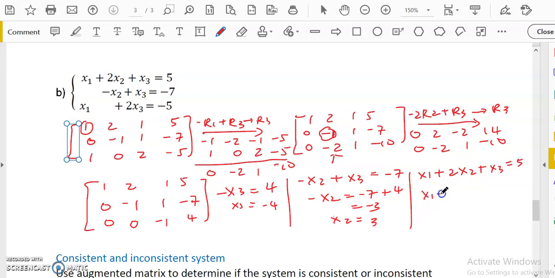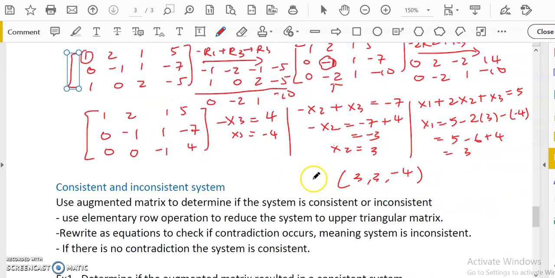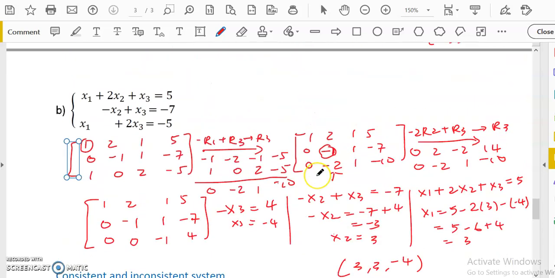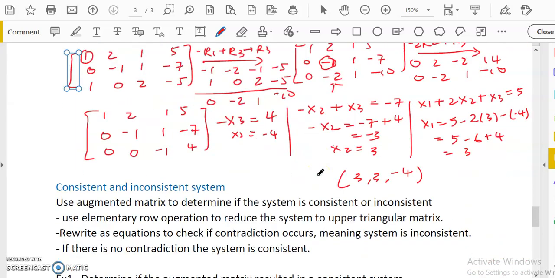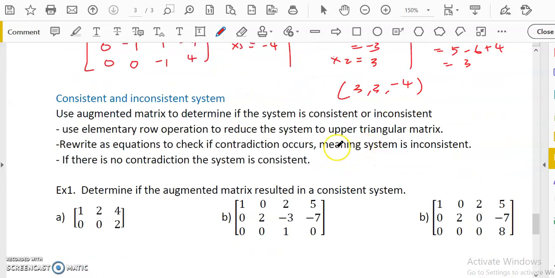So x1 would equal 5 minus 2 times x2, which is 3, also minus negative 4. Right? So this would be 5 minus 6 plus 4. That would be negative 1 plus 4 is 3. So the answer is 3 for x1, 3 for x2, and negative 4 for x3. So that's how you solve a system by elementary row operations and back substitution.